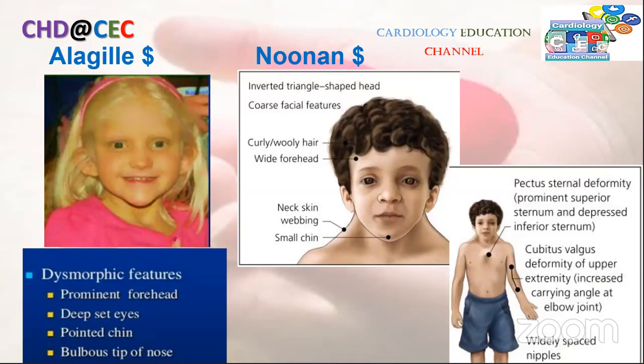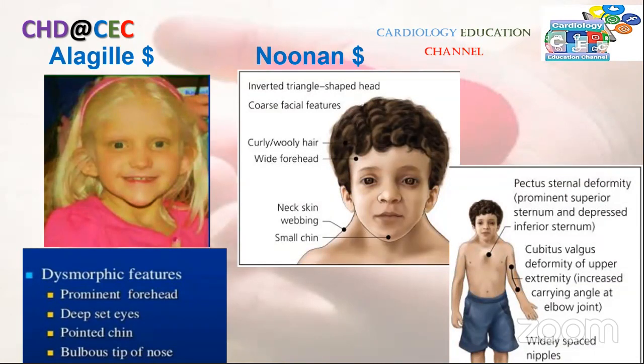I'm giving some hints on the syndromic patients involved in the case of pulmonary stenosis. The Alagille, which is a hepatopulmonary arteriopathy. This patient has dysmorphic features in the form of prominent forehead, deep-set eyes, pointed chin, and bulbous tip of the nose.